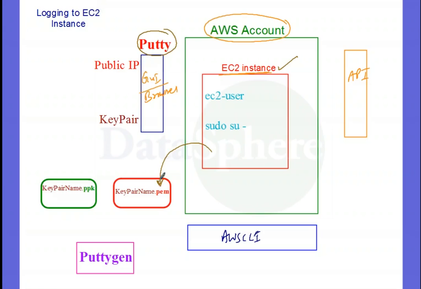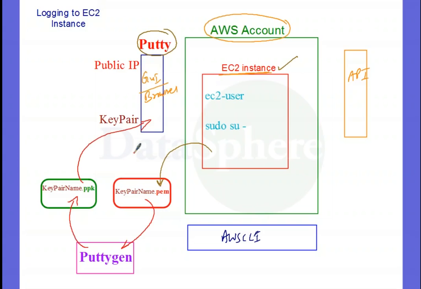You can't use it directly; you have to convert it into a private key file using PuttyGen, converting it into a PPK file. This is the key pair file which we're going to use to log into the EC2 instance.